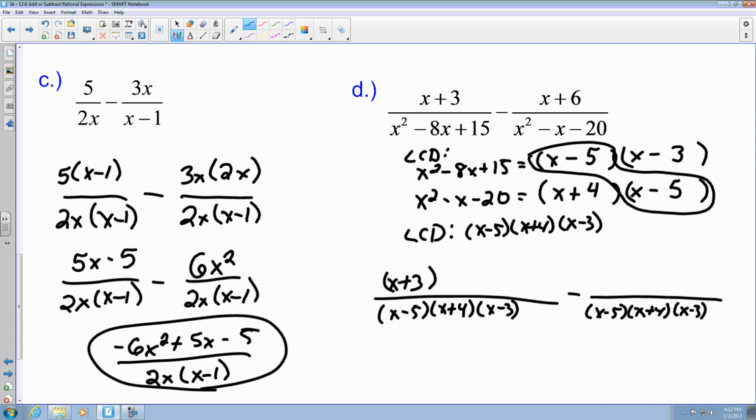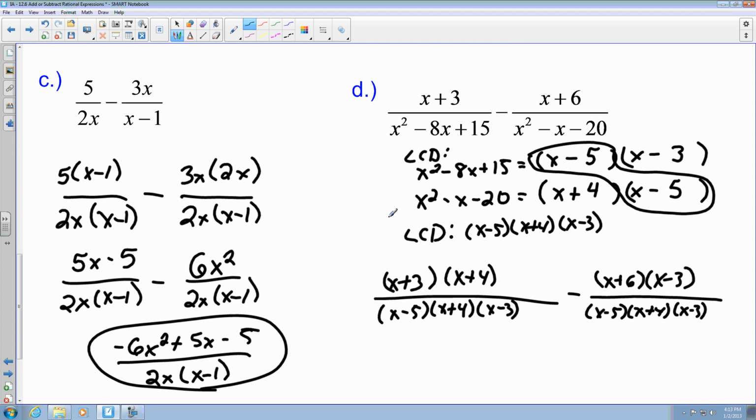And the value that I additionally multiplied in the denominator in this first equation would be the x plus 4.